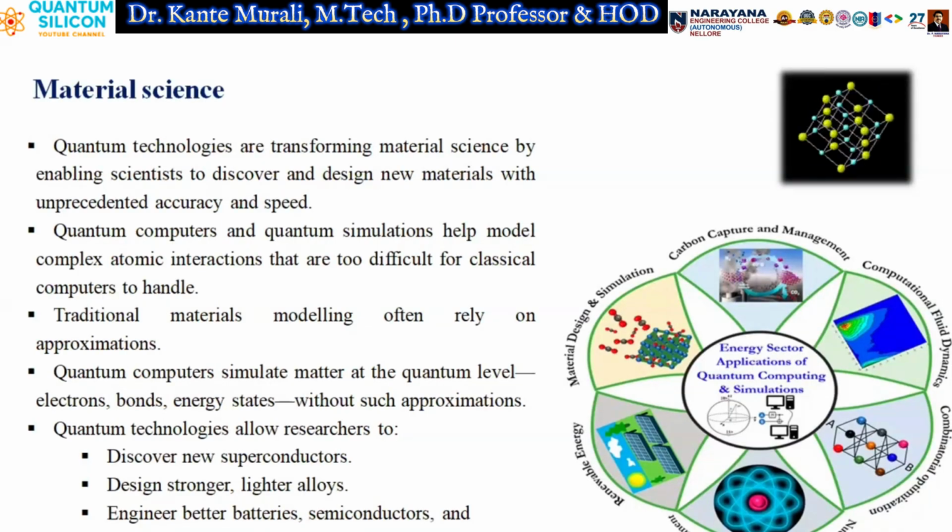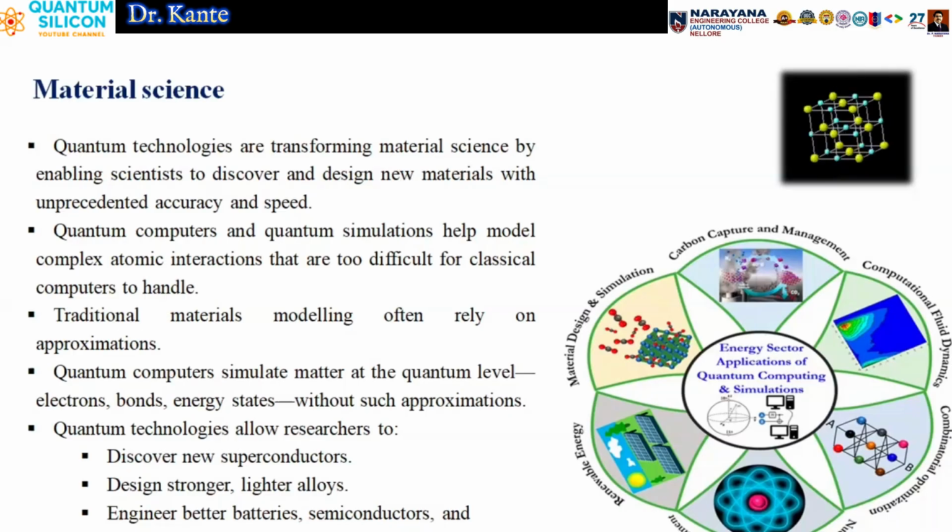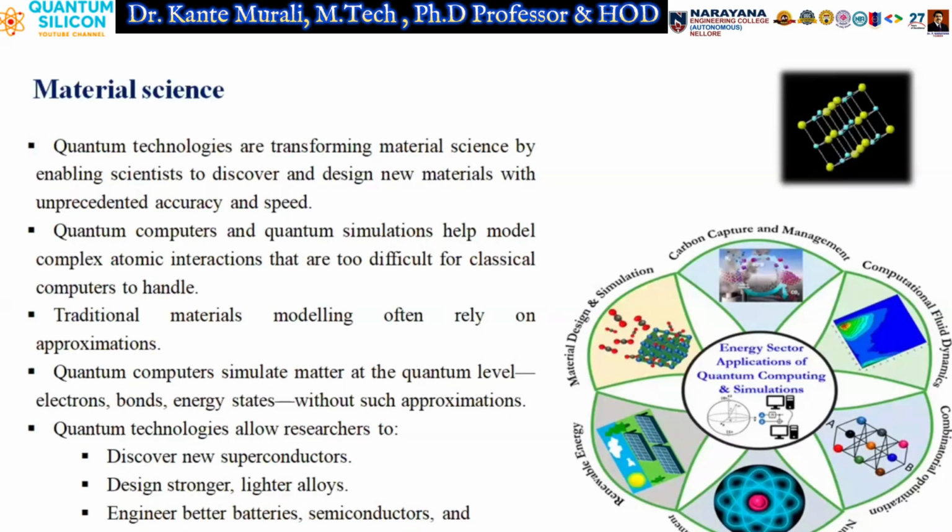By changing the structure of a material, we are able to change the behavior of the matter in such a way that it is what you are looking for, like building new quantum bits. See, one is to discover new superconductors and design stronger and lighter alloys. That means better batteries, semiconductors, and catalysts.